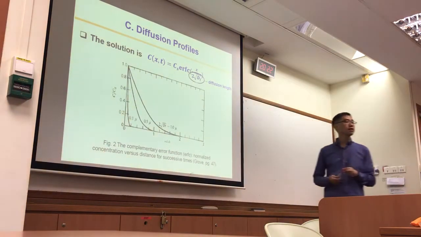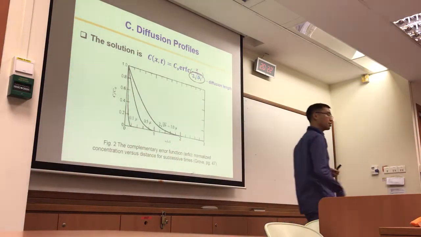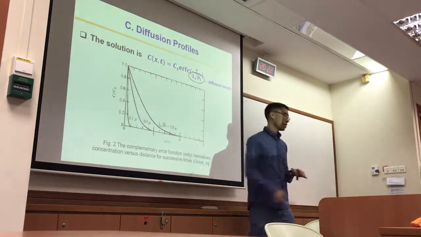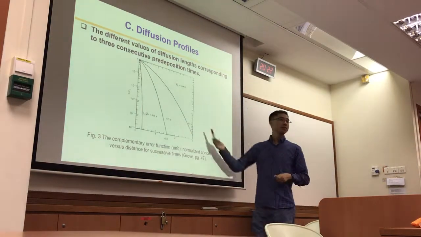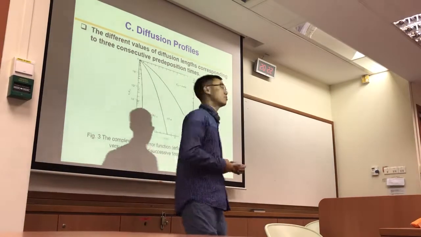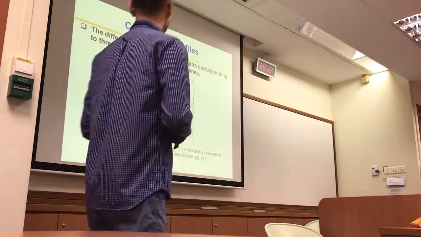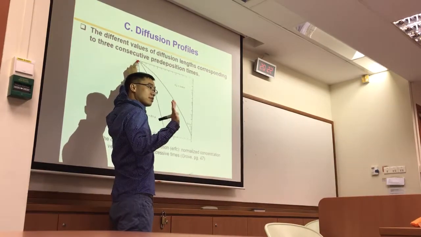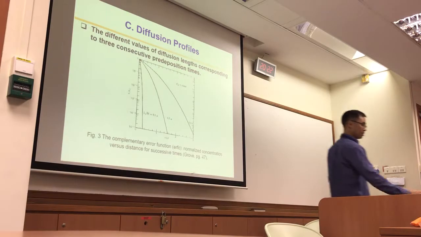And always pay attention to the details of the vertical axis. See whether it's a log scale or a linear scale. Like in this case, it's a linear scale, but the same thing plotted on a log scale. And in pre-deposition, because we normally keep the pressure constant, your concentration at the surface is a constant. During pre-deposition, I already tested that in the class.